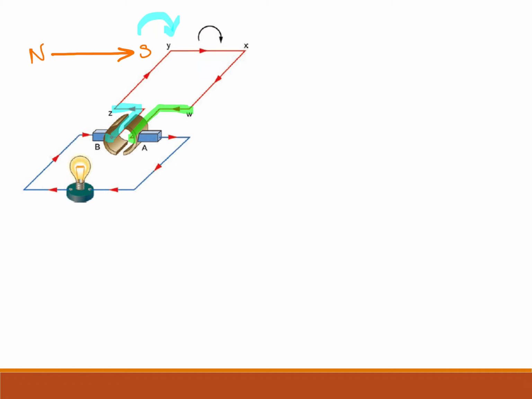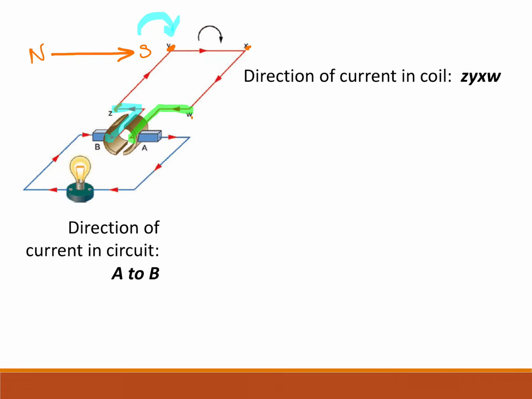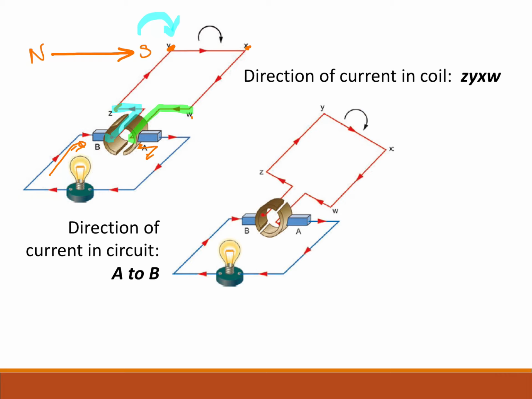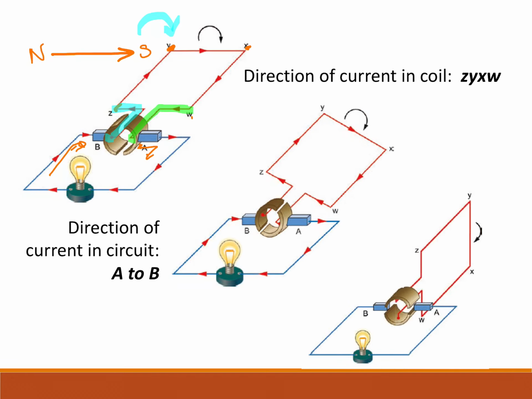When it turns, the direction of the current in the coil is from Z to Y to X to W, and then it goes from A, because it's coming out of W, through the circuit to B. Then it continues turning, nothing changes, the current's going to go from a maximum, now it's getting smaller and smaller and smaller. Then it gets to this position.